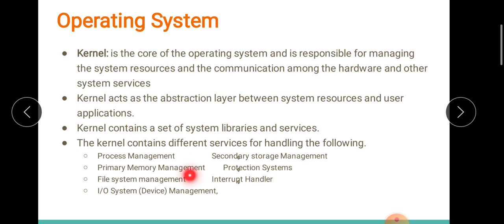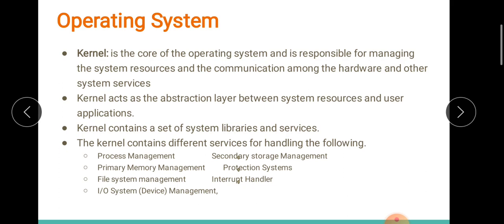The third thing is the file system management. The third service provided by the kernel is file system management. Now what is a file? For us, files may be a word file, image file, video, or audio files. That's the same case here also. A file is nothing but a collection of information. It may be text files, images, audios, videos, word documents, whatever your information source is, you can call that a file.